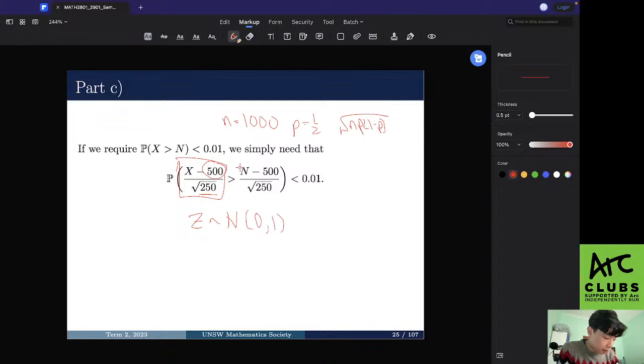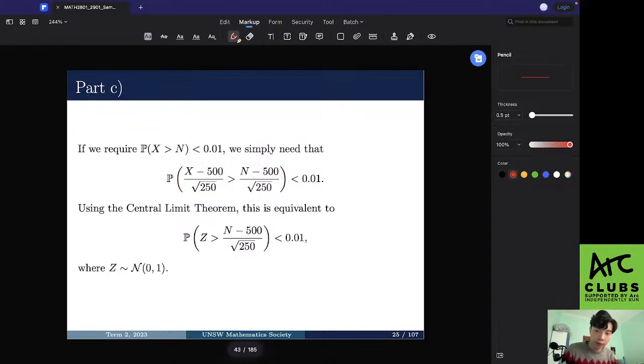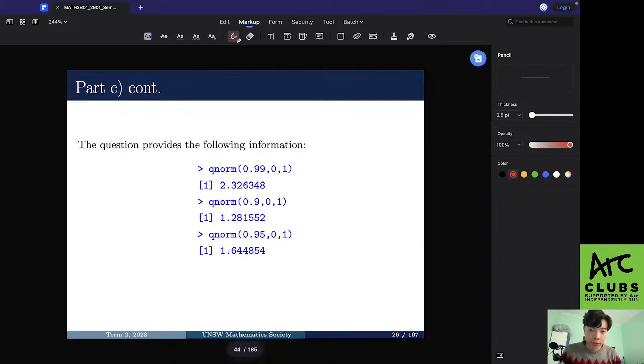And then this becomes the value that we want for a probability of less than 1%. Well, we know that from the central limit theorem, this is equivalent to a normal distribution with mean 0 and standard deviation 1. And what that lets us do is we can use this information.